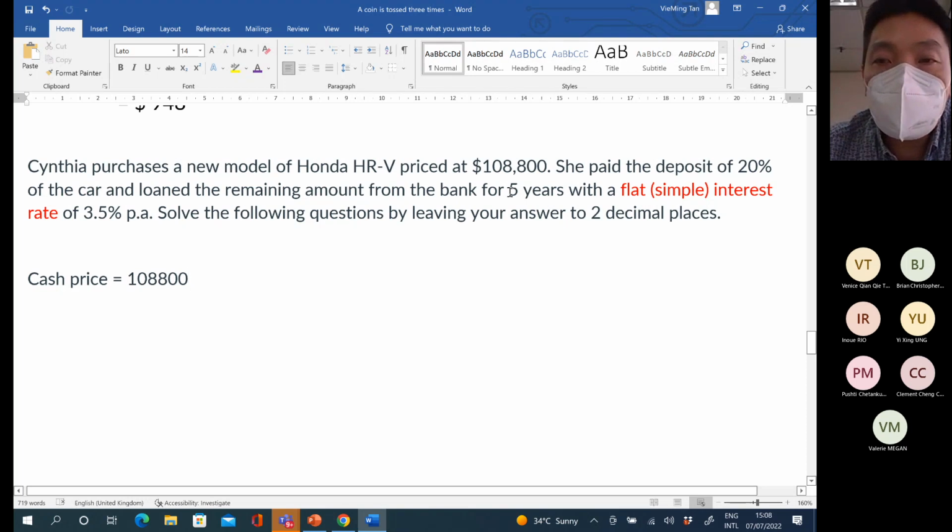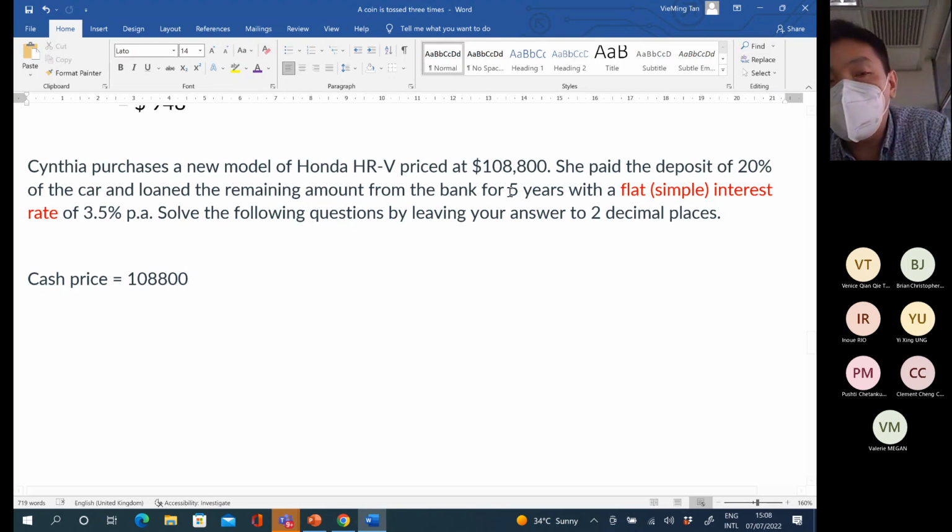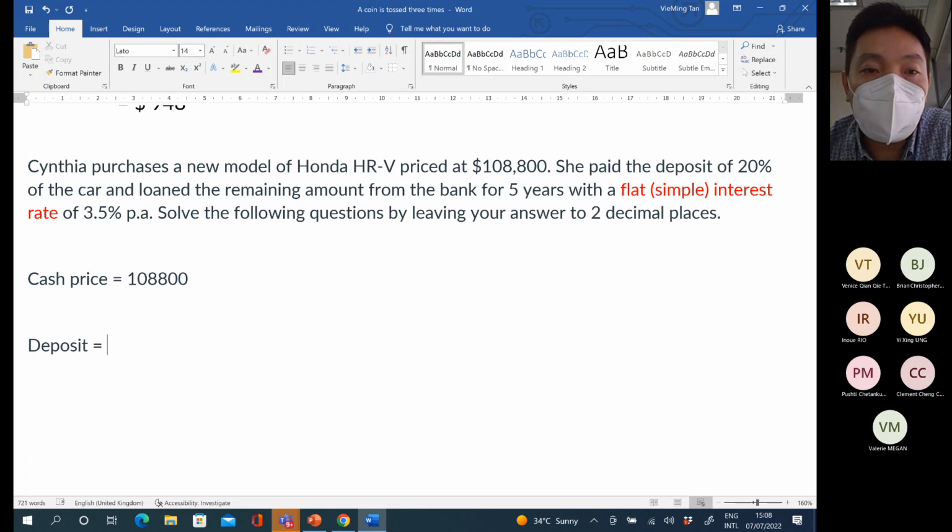Okay, so before we answer any of the questions, we need to get ready few information, right? So the first thing is probably you can calculate the deposit value. Identify first how much down payment been made by Cynthia. Okay, so answer is 20% from the cash price.